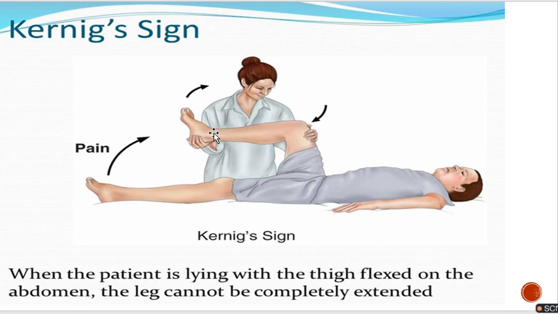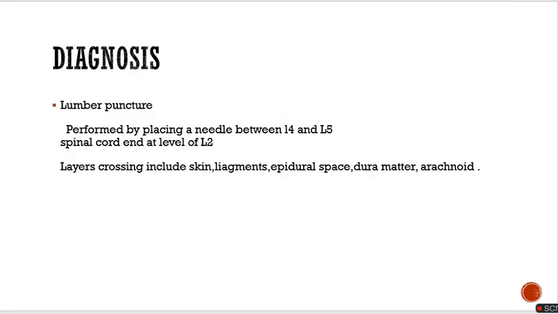When I try to pull that area a little bit upward like that, the patient feels pain. So this is the Kernig sign. Why? Because this area is already flexed and I try to extend it, but the patient resists because of pain. That leads to hamstring spasm and the patient feels pain. So this is a very important sign as well.